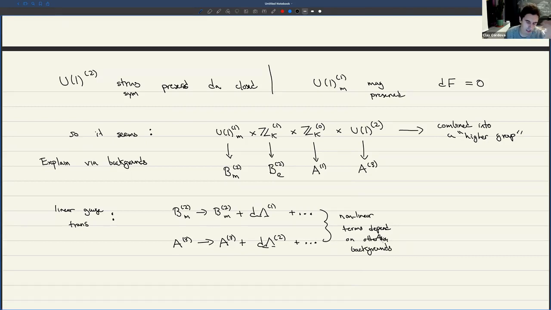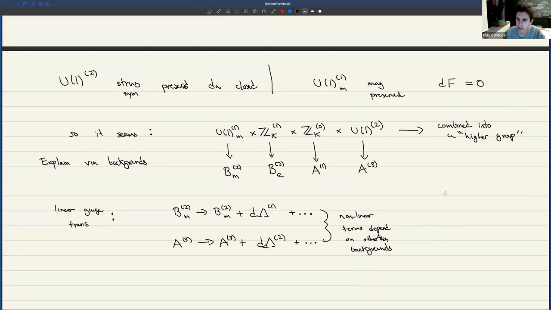Conceptually, this is like saying that the gauge transformation rule is more similar to what it is for SU2 than it is for U1 cubed. The difference between saying you have U1 cubed or SU2 symmetry is in the nonlinear terms in the gauge transformations for the background fields. And something similar is going to happen here.